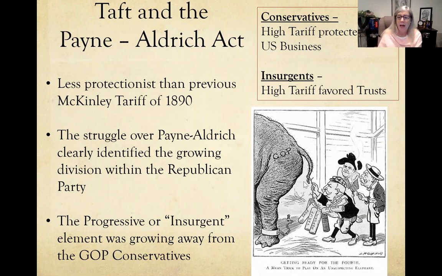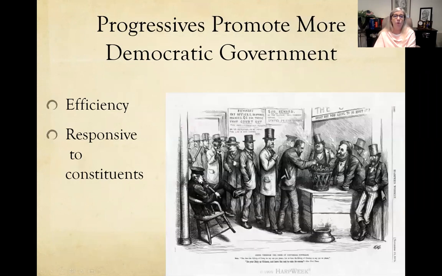So notice that we've got tied to the elephant's tail here, fake tariff reform. And they're going to light this match, getting ready for the 4th of July, a mean trick to play on us, an unsuspecting elephant. And so it's all going to blow up on William Howard Taft.